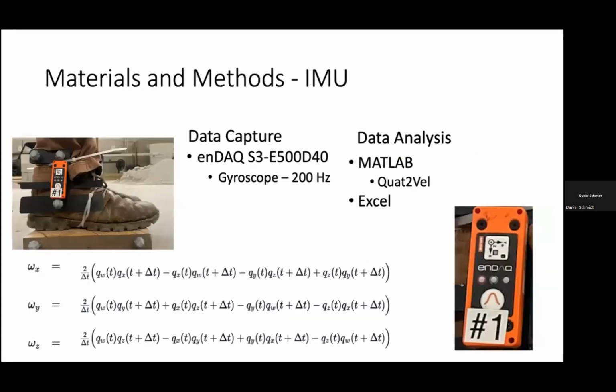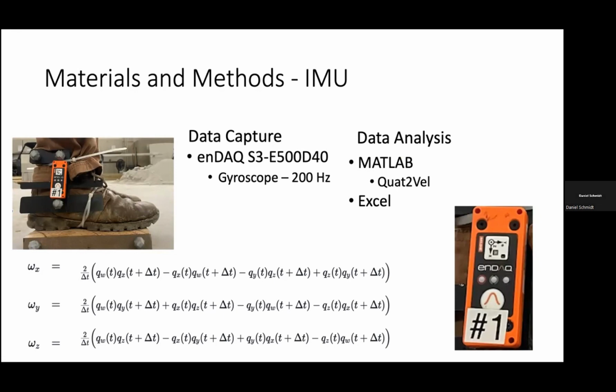So the materials and methods on the IMU side of things for the treadmill data: you see the little Slam Stick IMU attached to a bracket very securely with zip ties. The data capture was the Slam Stick, and we're primarily looking at the gyroscopic data.